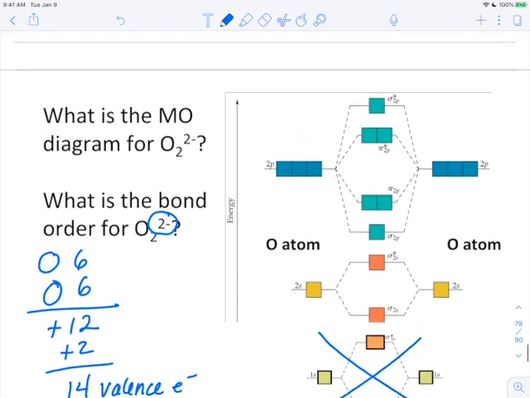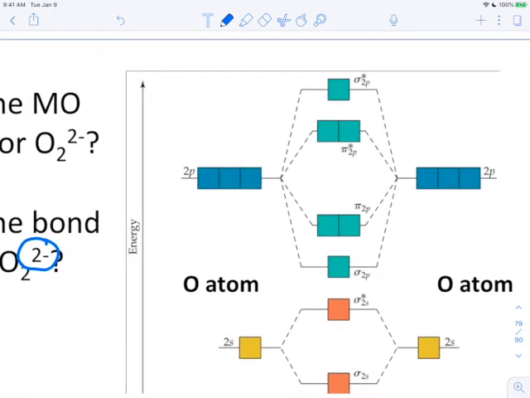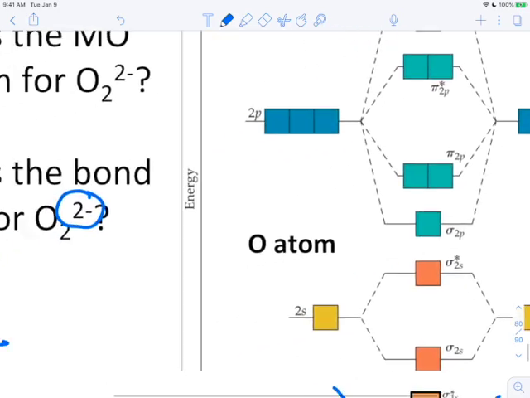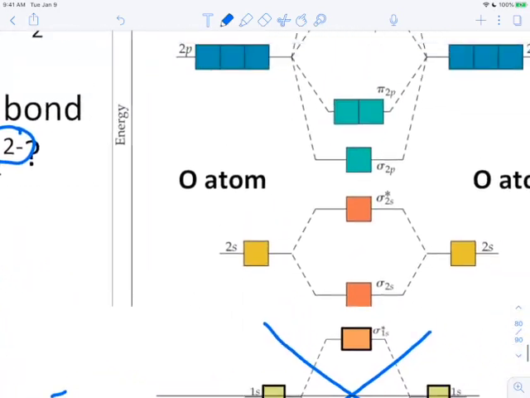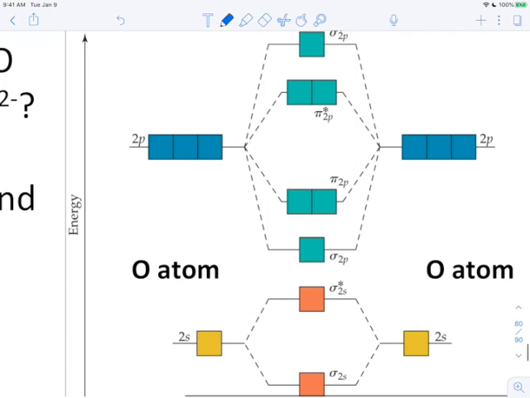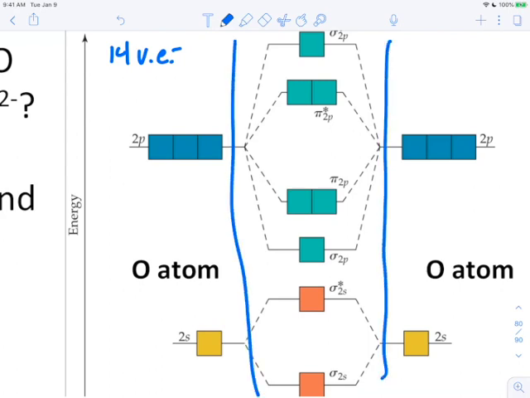All right, so now I know the picture might be hard to see depending on your device, but we said we had 14 valence. So do your best to fill in your 14 valence electrons into the MO diagram, which again is the center part here.